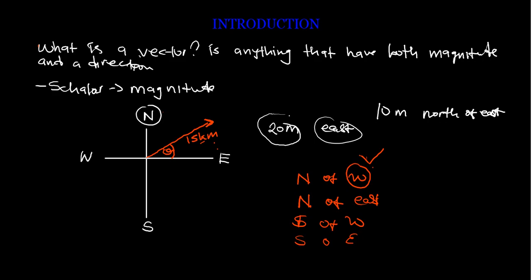Okay, so we can also place it here. Let's say this is 20 kilometers. So this is our vector. I can tell you it is west of north, meaning you put your direction starting from north, so I'll put it like that.